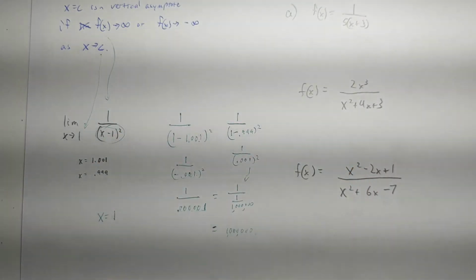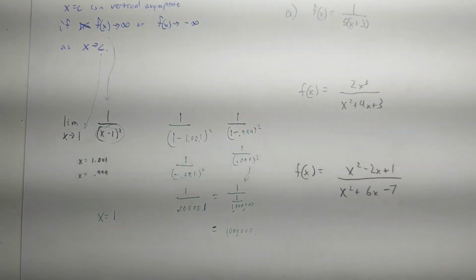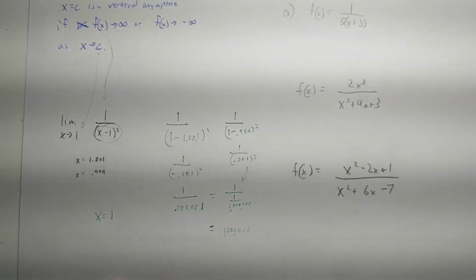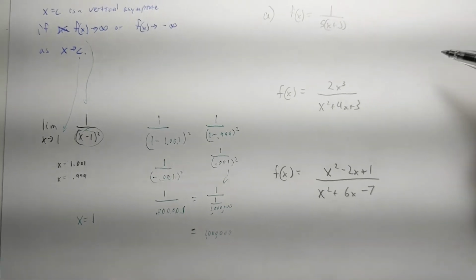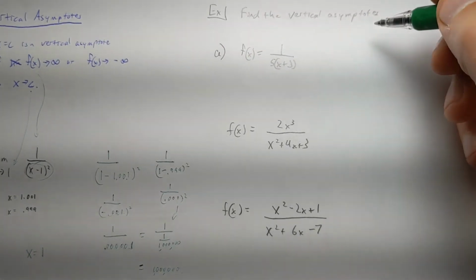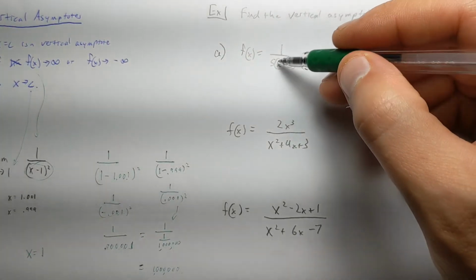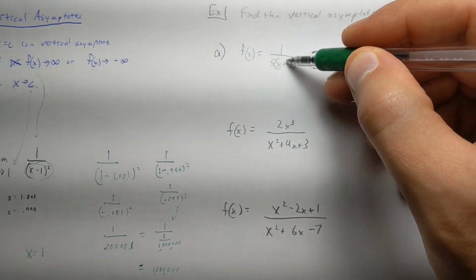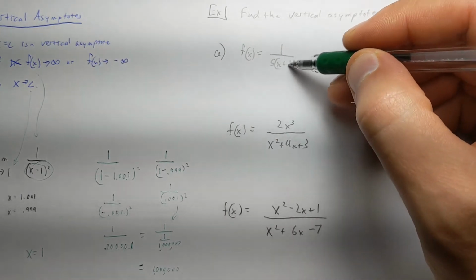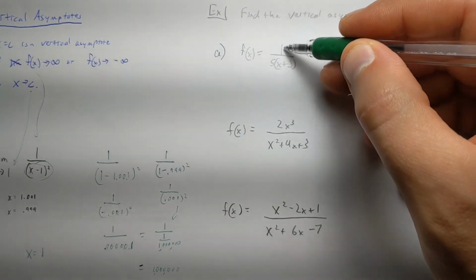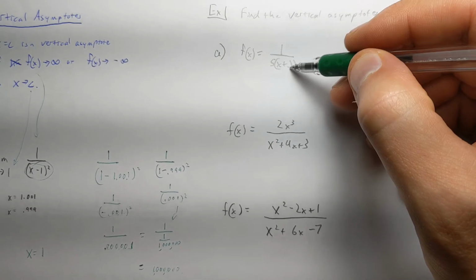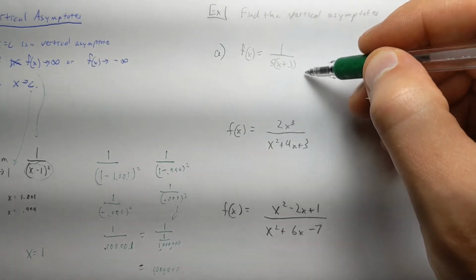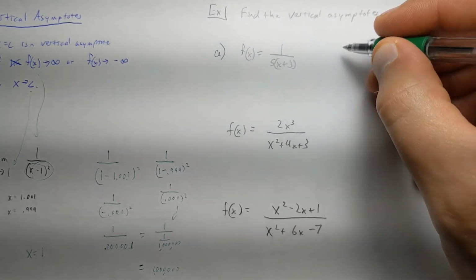Whatever will make the denominator 0, as long as it's not creating a hole, that's going to be an asymptote. So let's do some examples here. If I start plugging in numbers really, really close to -3, that's going to make the bottom a number really, really small, really close to 0, which is going to make this whole thing big.